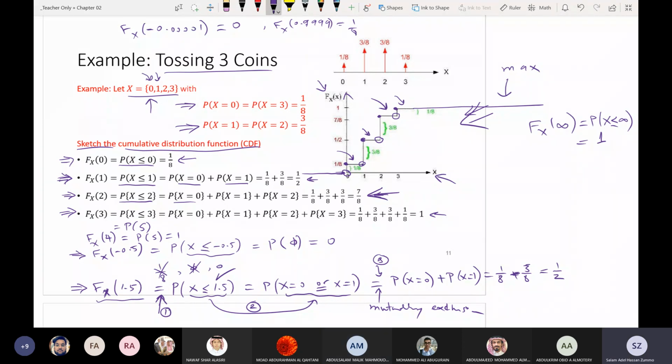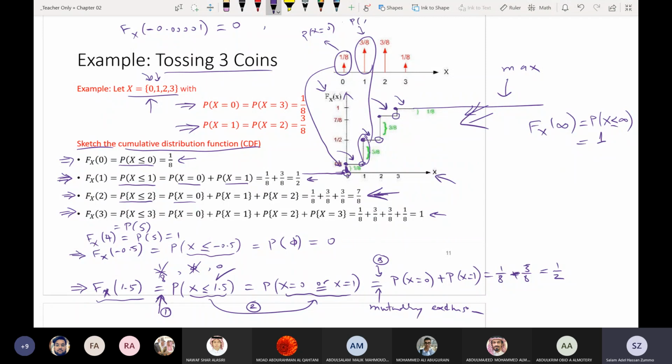Now the jump that happened here at 0 equals the probability of X equals 0.